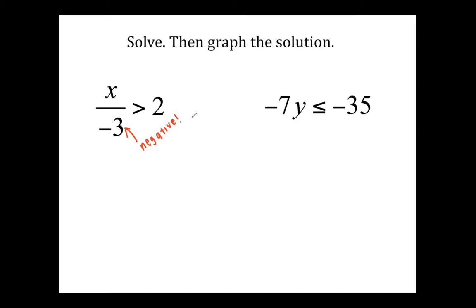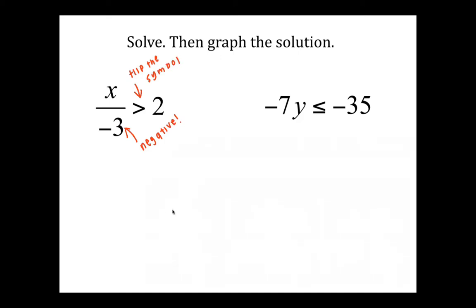So in the case of when you're solving for an inequality and you encounter that you have to multiply or divide by a negative number, you always have to flip the symbol when you're solving. Or else if you don't, your inequality will no longer be true.